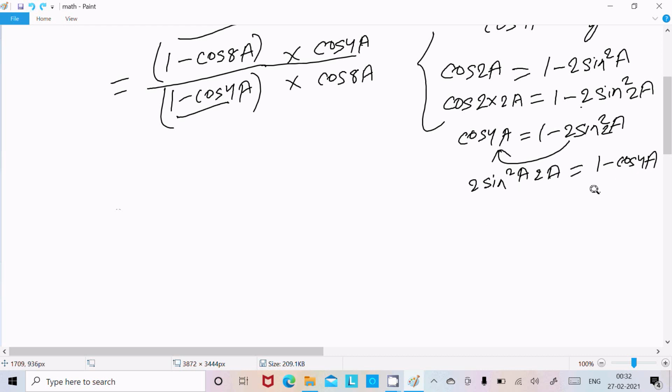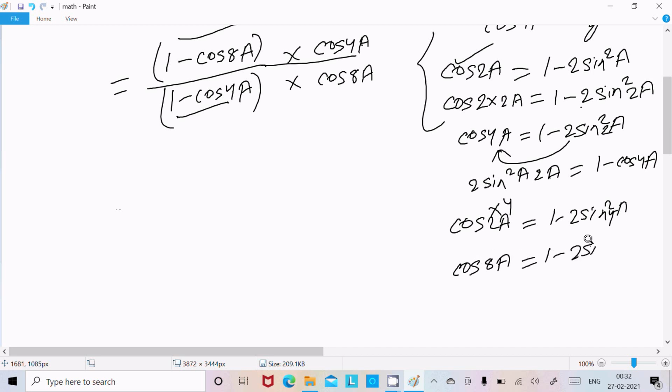I'll use this formula once again: cos 2A equals 1 minus 2 sin square A. If I multiply the angle by 4, this becomes cos 8A equals 1 minus 2 sin square 4A.